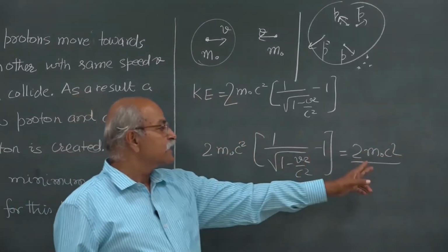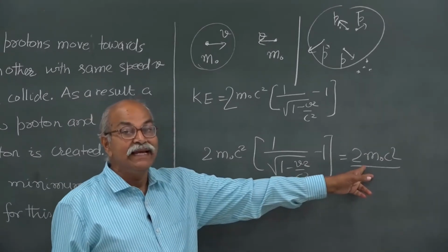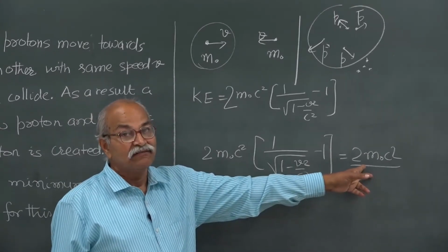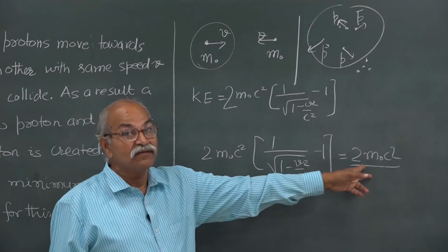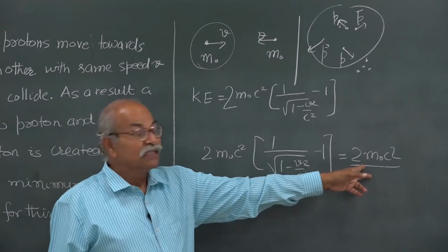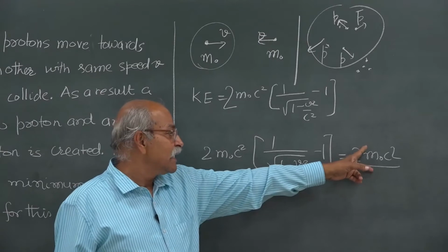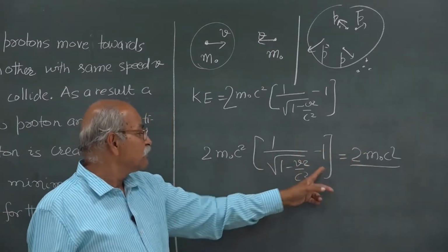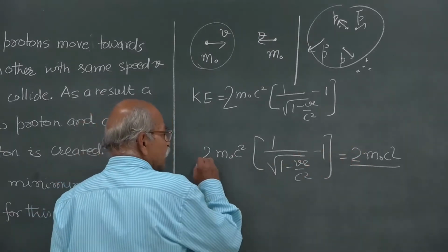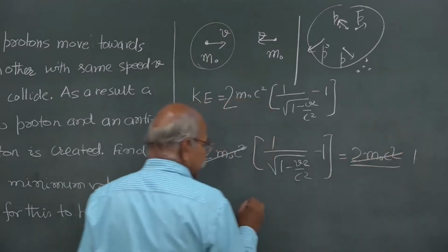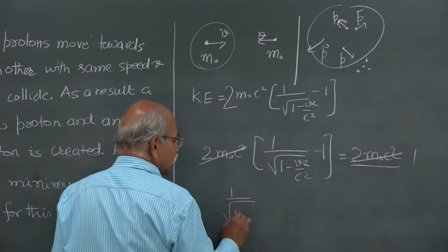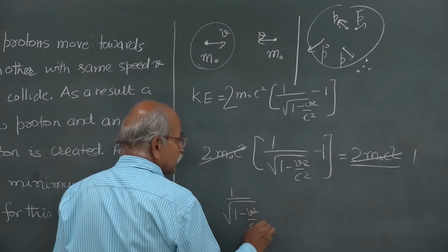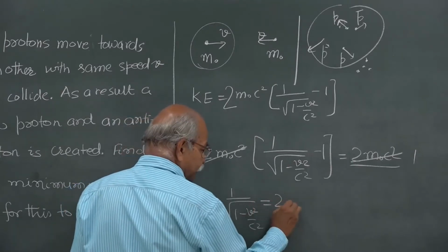This is the new rest mass energy that has been created due to collision. The 2 particles, one extra proton and one antiproton, that rest mass energy is here, and that is coming from this kinetic energy. So, now you can work out, this is 1 by square root 1 minus v square by c square is equal to 2.